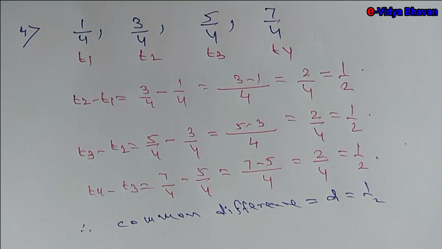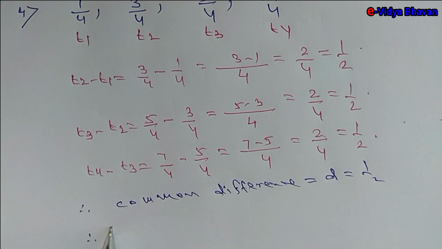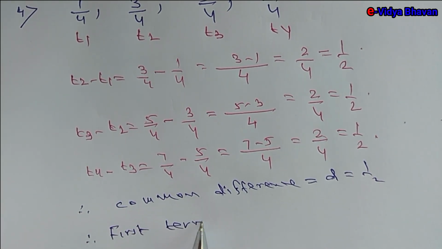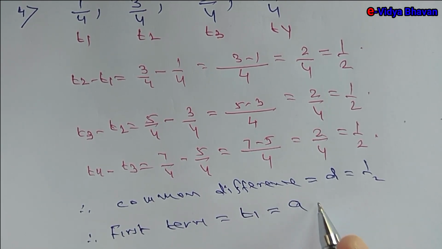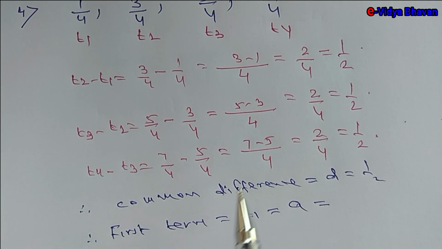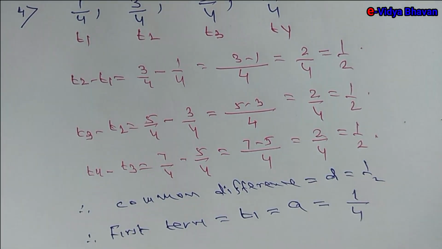Further we can have first term, that is T1, that is A, is equal to, what is the first term here? 1 by 4. So again I repeat the question, find the first term.